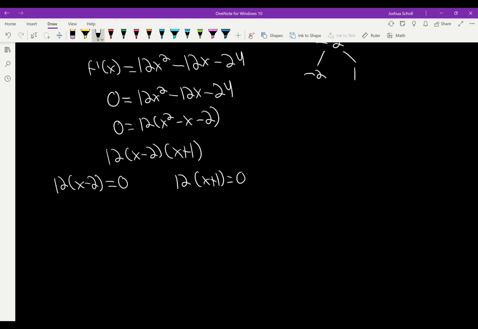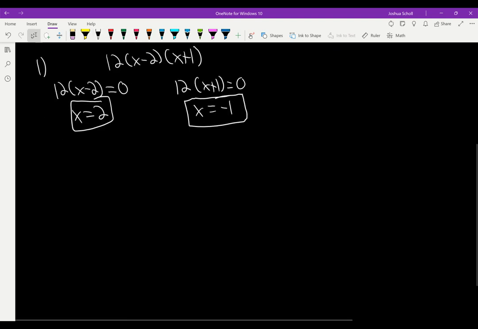So the number that you can plug into this first equation is 2. So we know that x equals 2 here, because 2 minus 2 is 0, and 12 times 0 equals 0. And then using the same logic, x over here is going to be equal to negative 1. So now we have both our critical values.